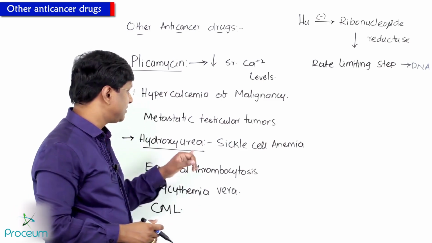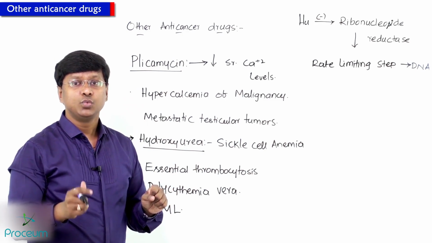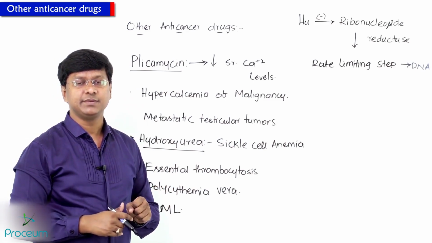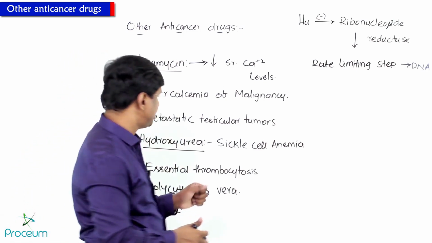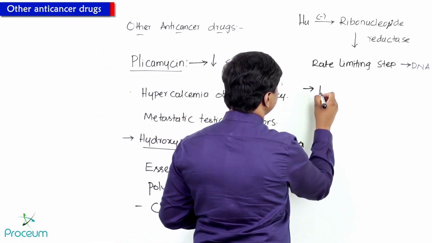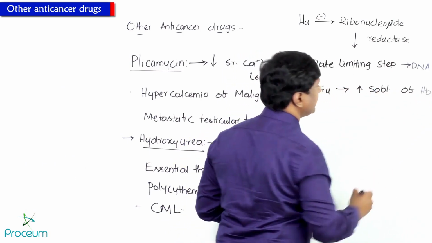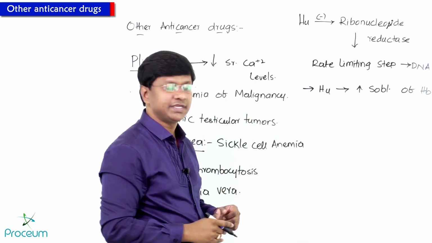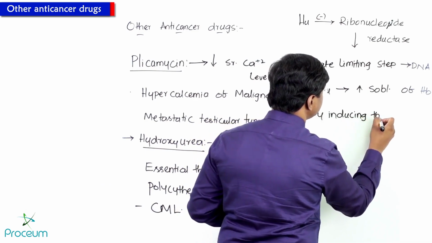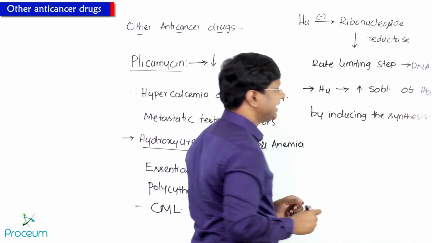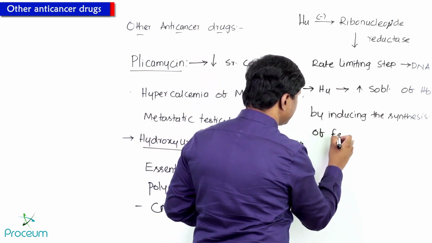In sickle cell anemia, hydroxyurea will increase the solubility of the hemoglobin by inducing the synthesis of fetal hemoglobin.